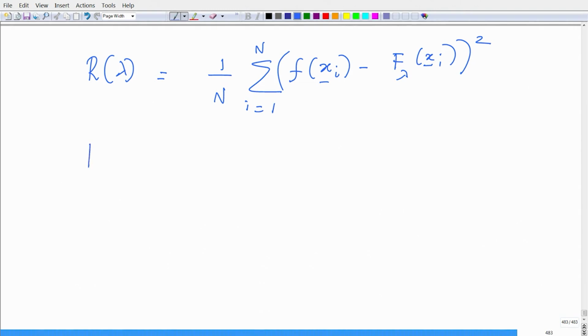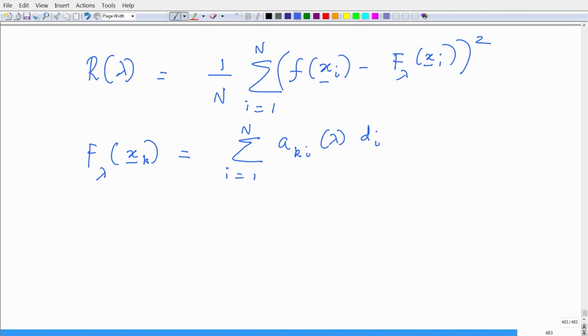Now, F of lambda as a function of these data points can be written in this form. It is summation i equals 1 to N of a_ki of lambda times d_i.